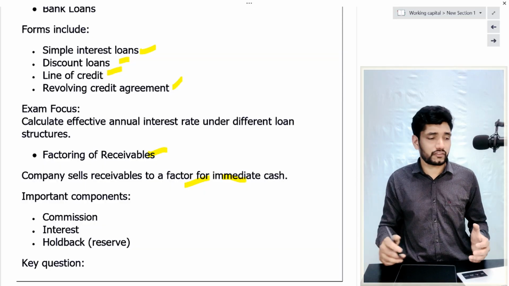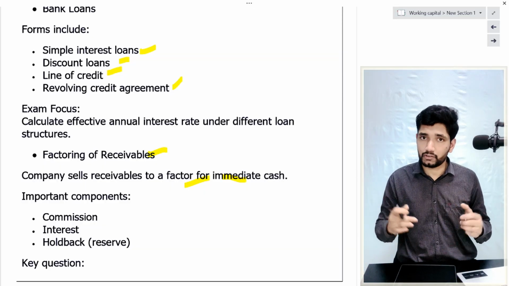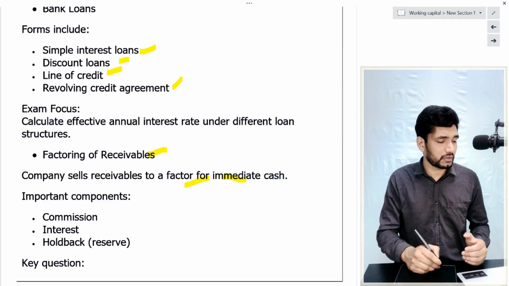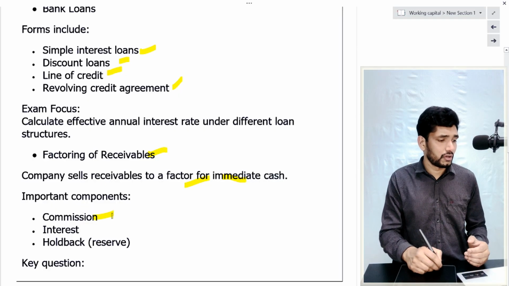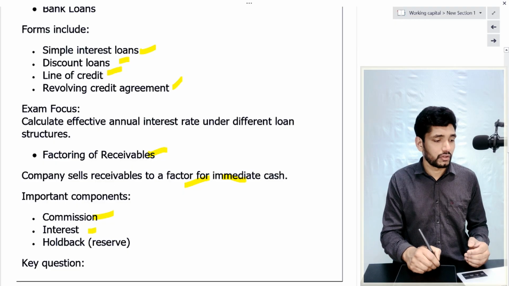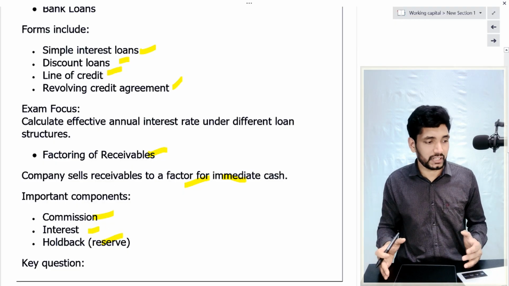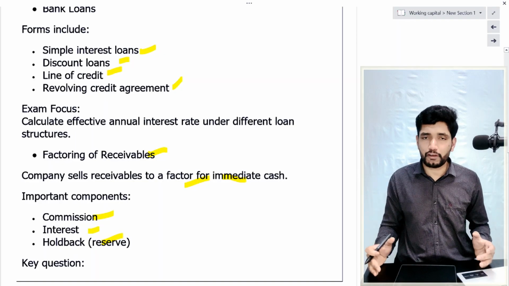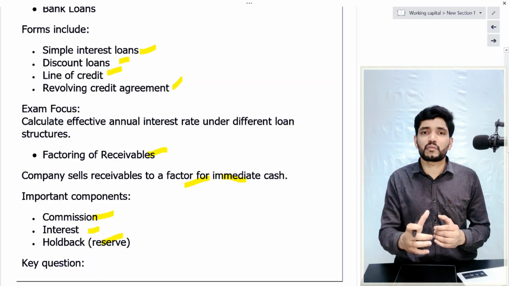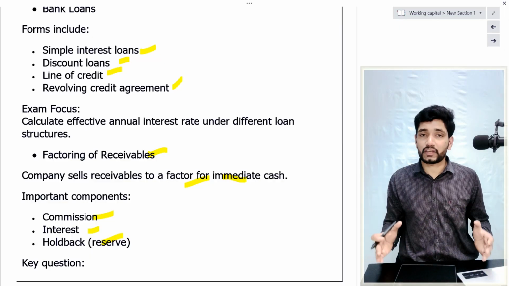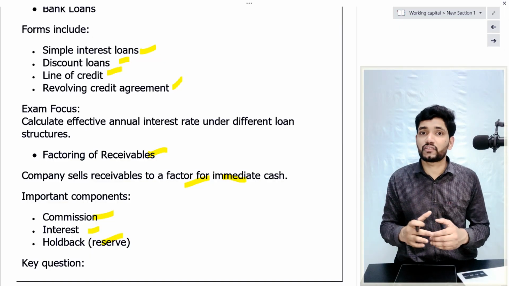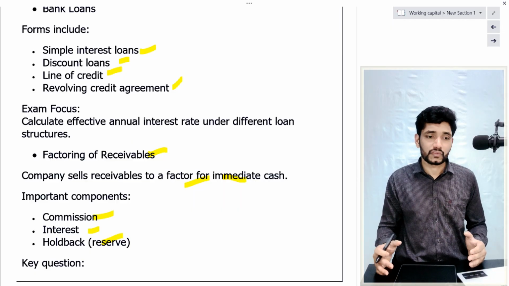Definitely there will be some discount in that sale. We have to pay some commission to the factor, and there may be interest charges and holdbacks. All these things happen with receivables factoring. So factoring of receivables is a method to manage working capital requirements, or to fund the current assets.